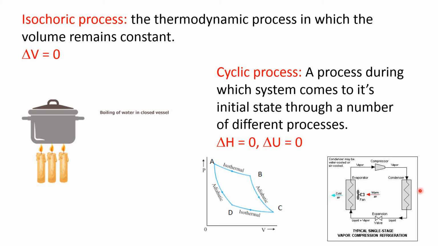Now this liquid comes to this expansion valve. It is a cyclic process: compression, then it has to undergo expansion. So it is the expansion valve, and here expansion takes place.